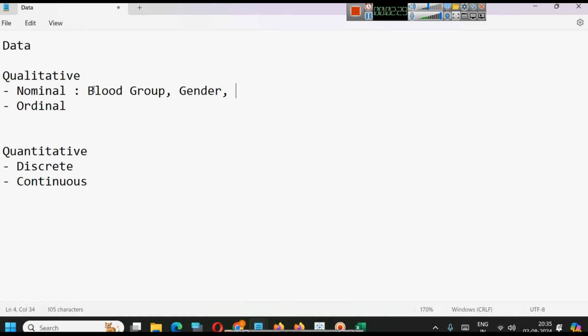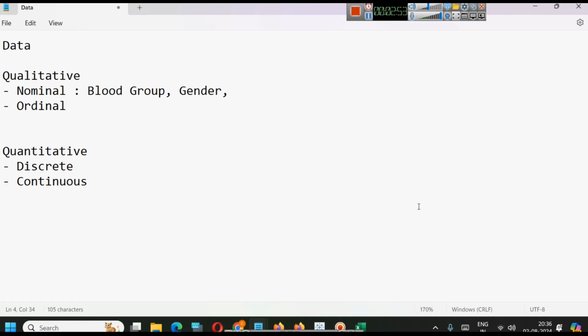There are only some values possible. Like in blood group, it will be either A positive, O positive, AB positive, or something from a finite number of predefined values, right? Same goes with gender, and there are many such examples.